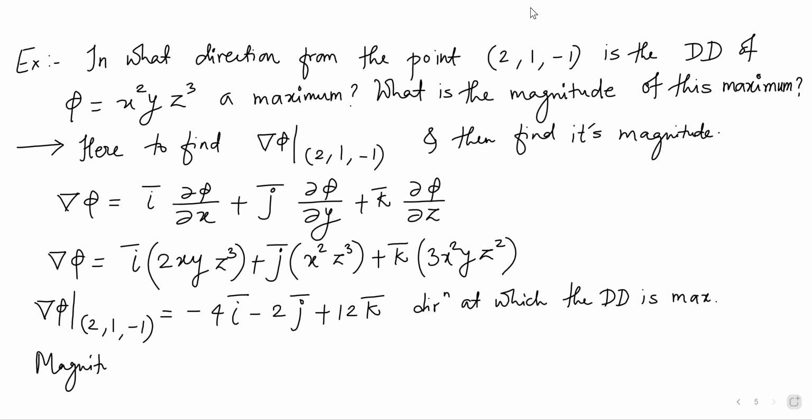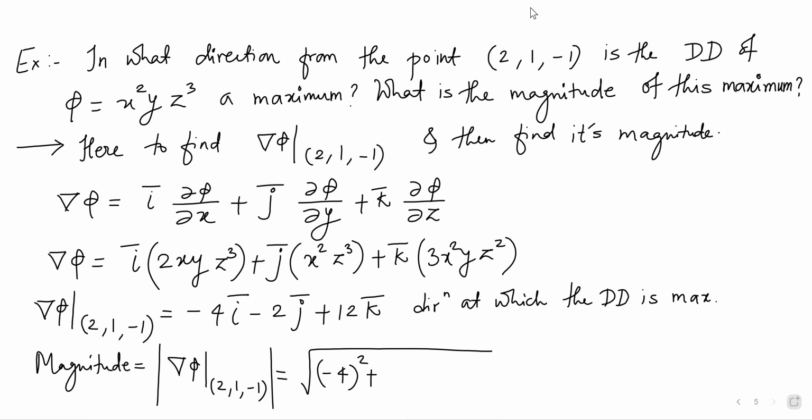The magnitude is nothing but mod of del phi at (2, 1, minus 1), which is under root of minus 4 square plus minus 2 square plus 12 square. So find that out, and that will be the answer.